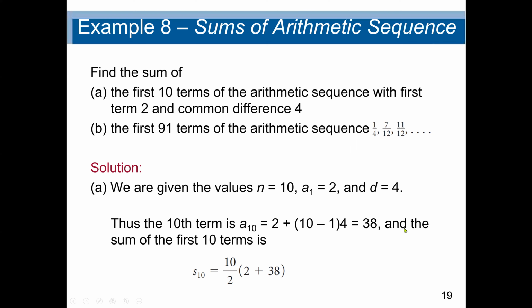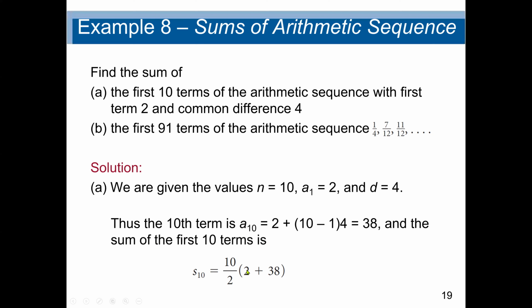But first, let's finish with this. So we find the sum. The 10th item will be 38. Now to find the sum of the first 10, as we said earlier, it will be n divided by 2, which is 10 divided by 2. Now we know the last item, which is 38, because we are finding the sum of the first 10.